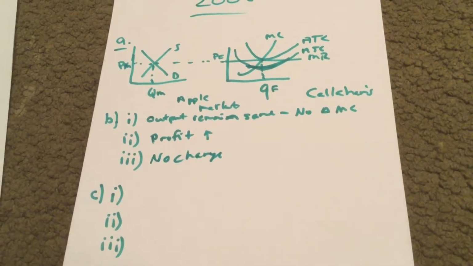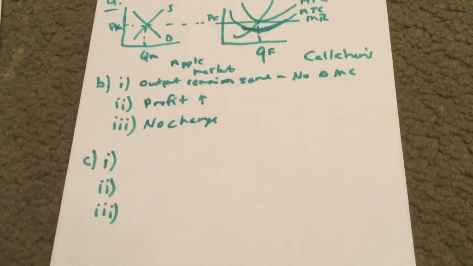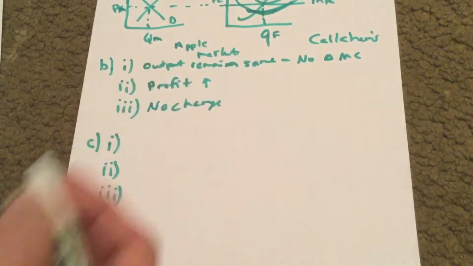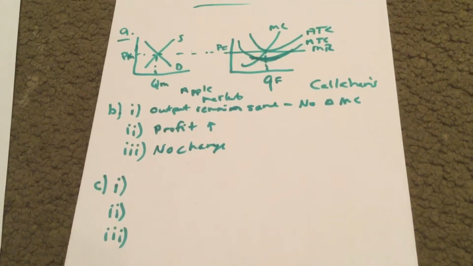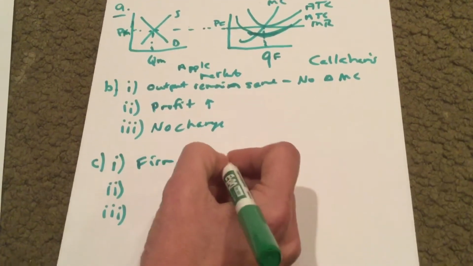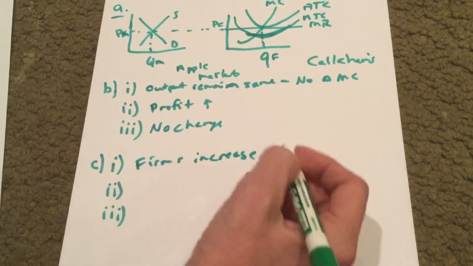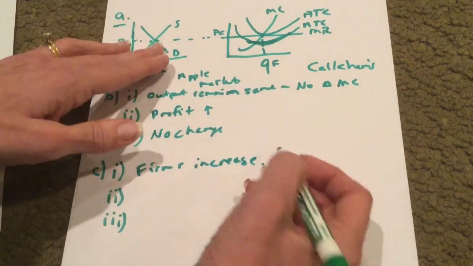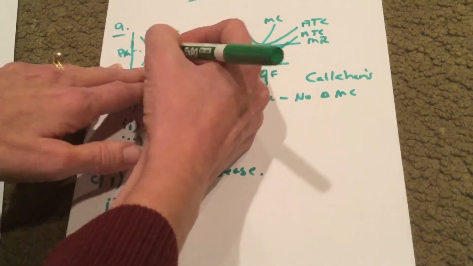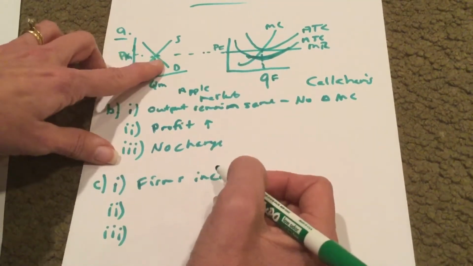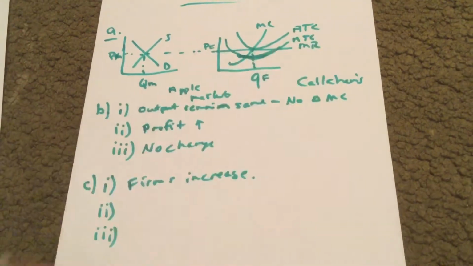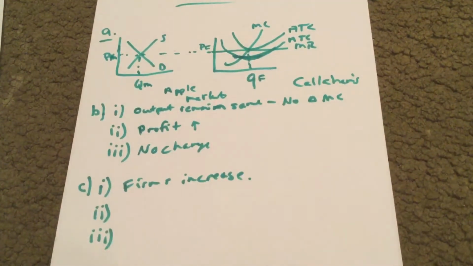In the long run, how would each of these change as a result of the lump sum subsidy? Well, the subsidy gave this firm profits. So the number of firms in the industry will increase, and they want you to explain. This is where you would explain that the supply curve is going to shift until you reach minimum ATC. Because of profits, more firms are enticed to come into this industry, and the supply curve shifts up until each firm is making normal profit.